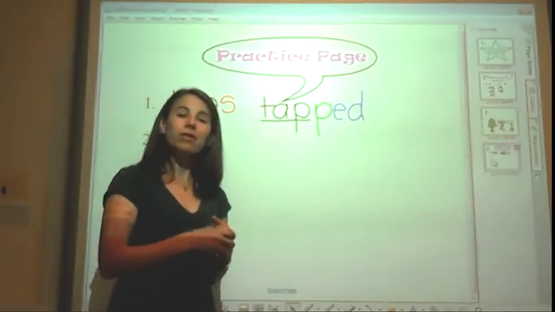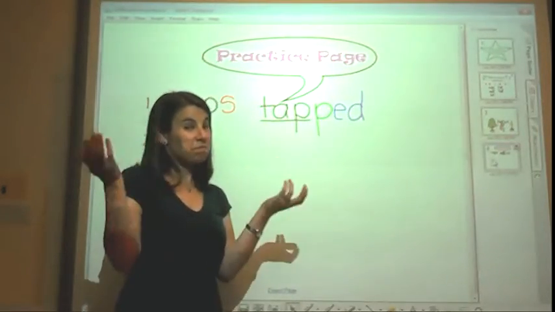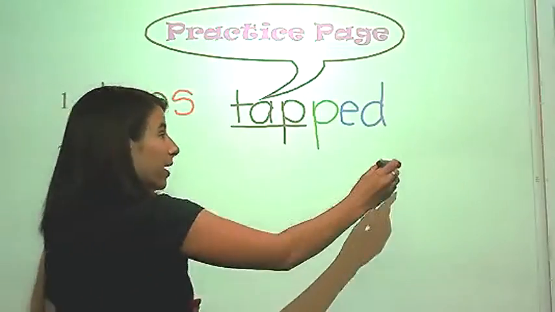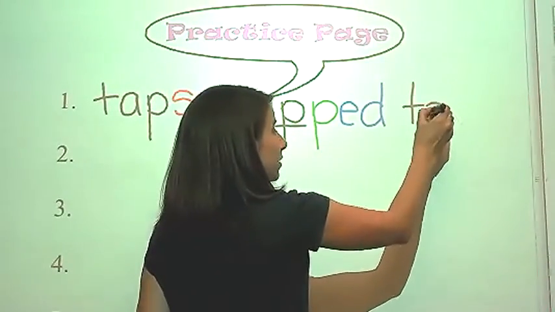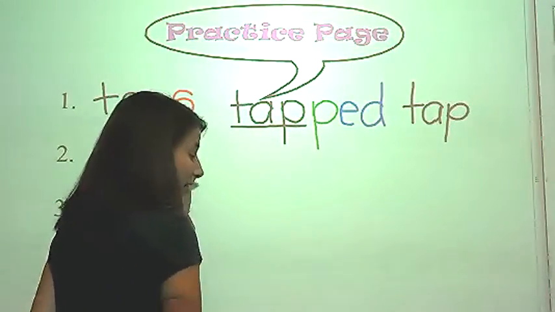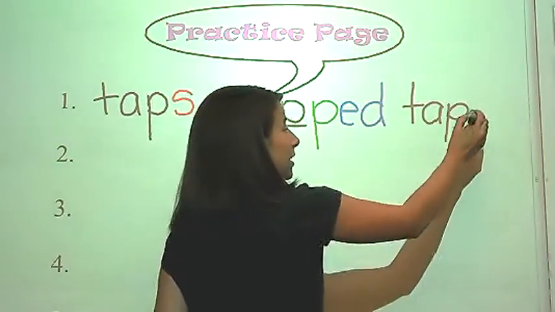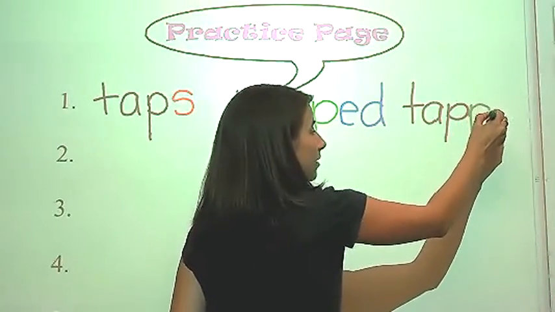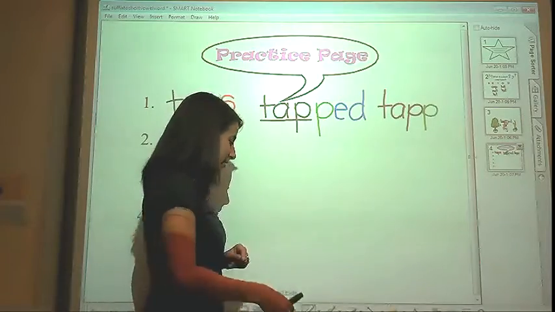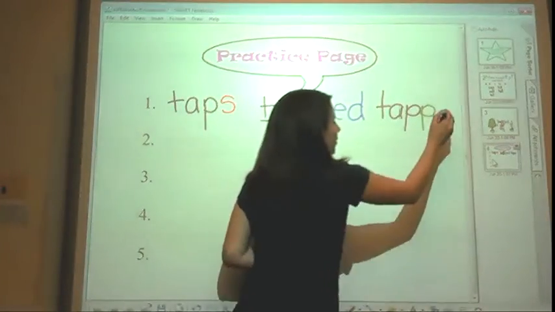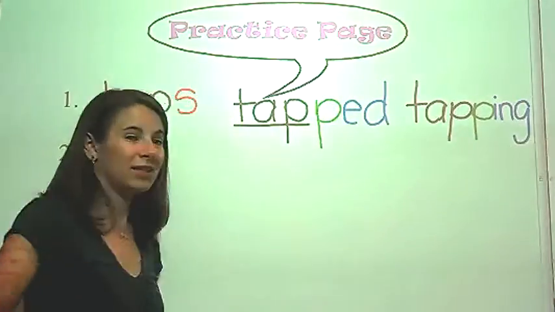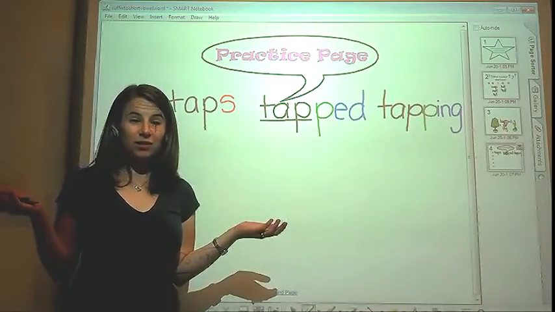What if I want that word to be tapping? I already know how to do it. And so, I'll write my T-A-P, my root word. Then I double my P because ing starts with the vowel I, and I add my ing. What do you think? Makes sense?